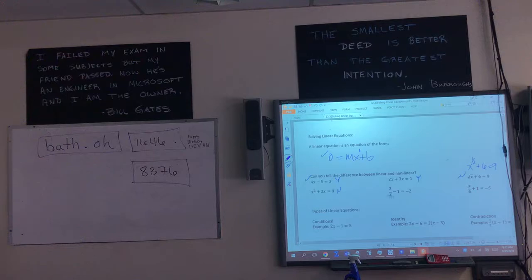What about this one? If I had 3 over x to the first, let's rewrite that so I don't have a fraction anymore. Going back to the laws of exponents, how can I write that so there's no fraction? It'd be 3x. Remember that exponent now? Negative 1.